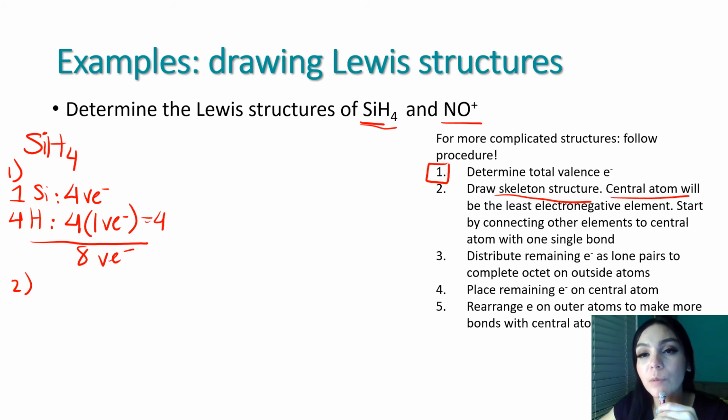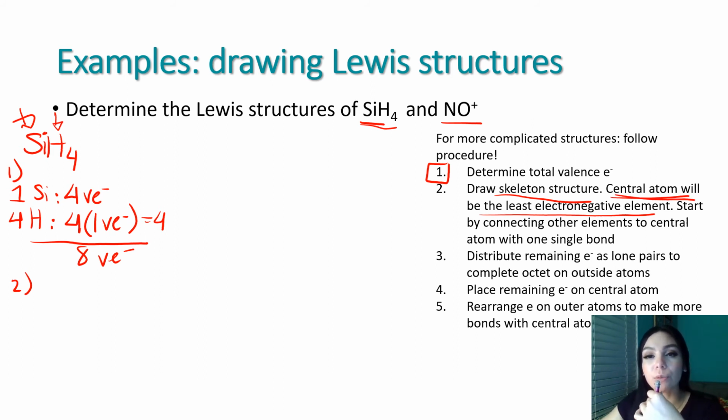Your central atom will be the least electronegative element. Another way that you can tell this easily is just by looking at your formula. Whenever you have one element that's alone, that is going to be your central atom. If you have several atoms of the same kind, so for example hydrogen here, those are going to be your outer atoms.